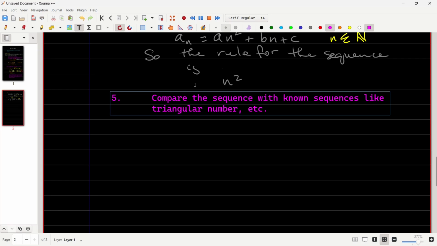Those sequences are not very often used, but you can remember them so that you'd be able to identify them quickly. So for example, in this case, we're going to look at triangular numbers.